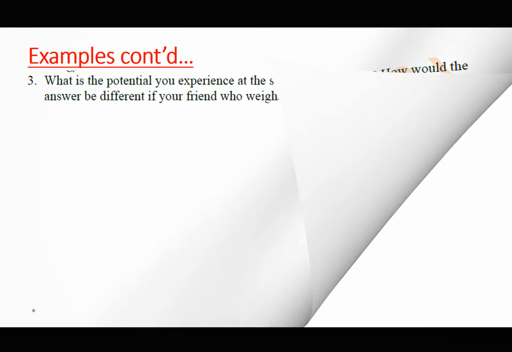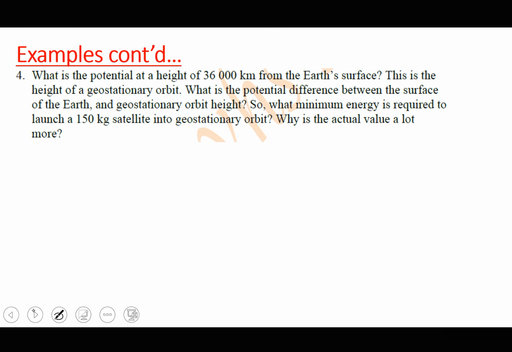Okay, example number 4. What is the potential at a height of 36,000 kilometers from the Earth's surface? This is the height of a geostationary orbit.